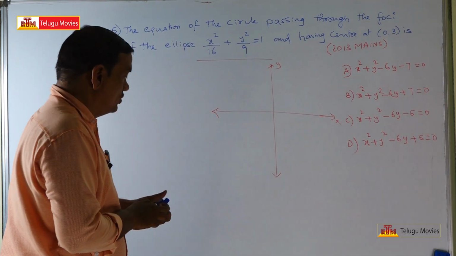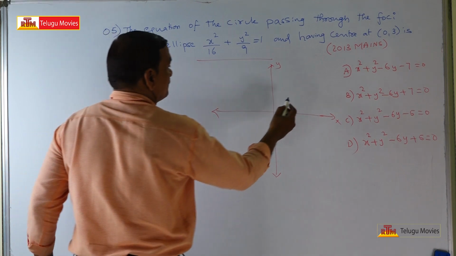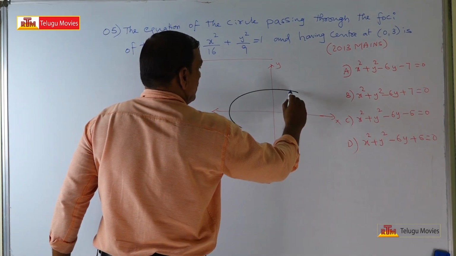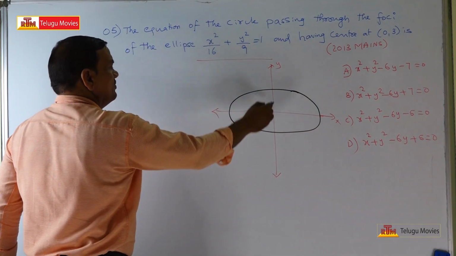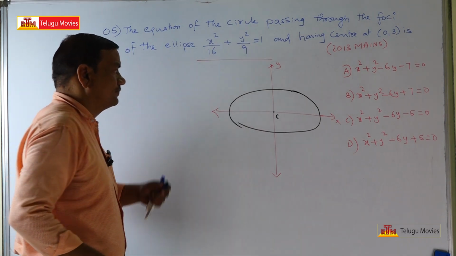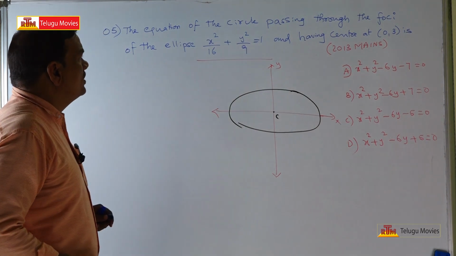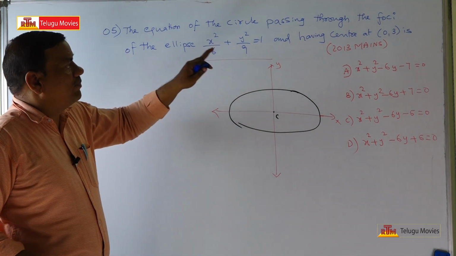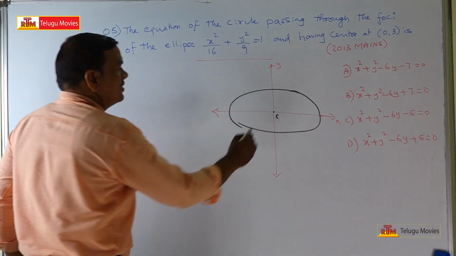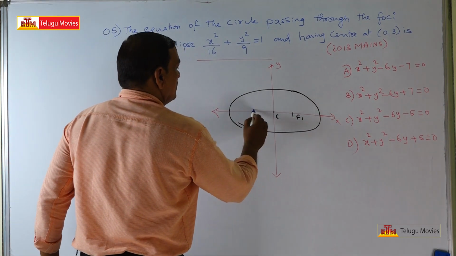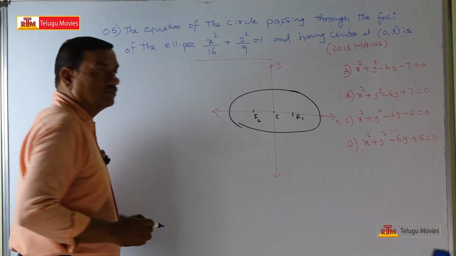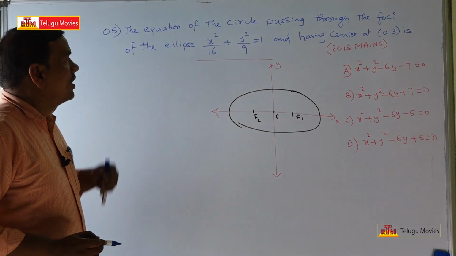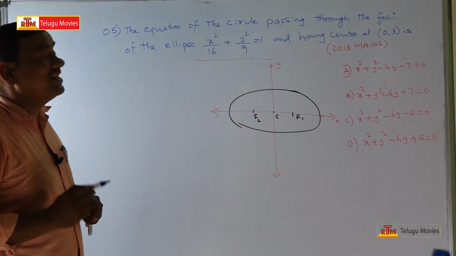So this is the ellipse. Clearly we know the center of the ellipse is the origin. Now if you observe, you have the equation of the circle passing through the foci. So this is F1 and this is F2, the foci, and the circle passes through them and has center at 0, 3.